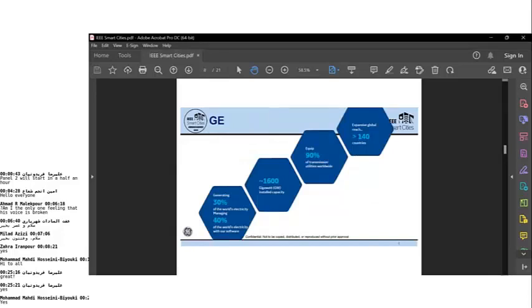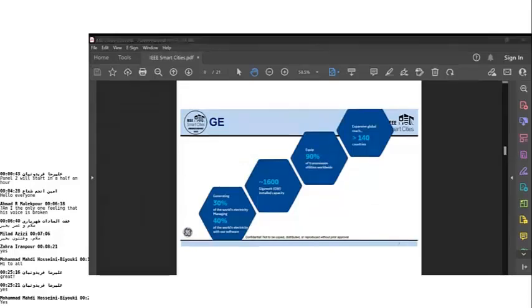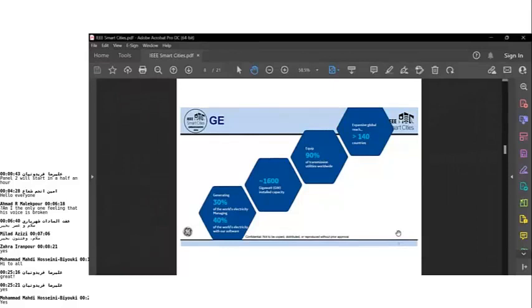Talking about GE and the grid, GE is a big player in the grid and has established itself as a leading technology developer and manufacturer with a valuable installed base and expansive global reach, in more than 140 countries worldwide. GE generates about one third of the world's electricity and has about 1,600 gigawatts of installed capacity.